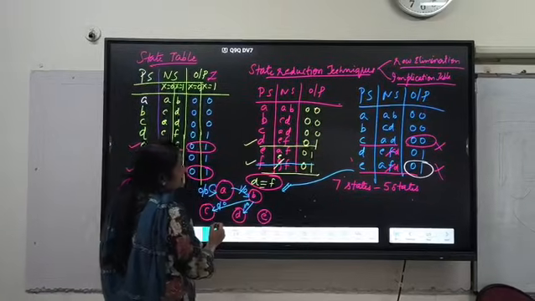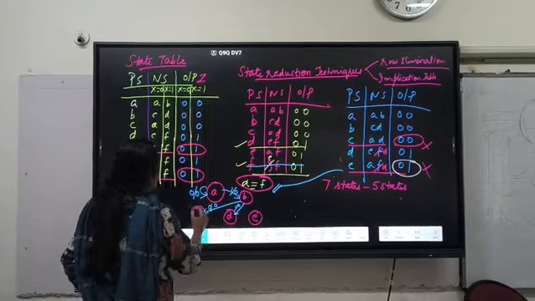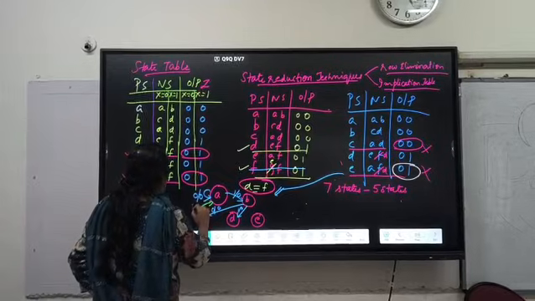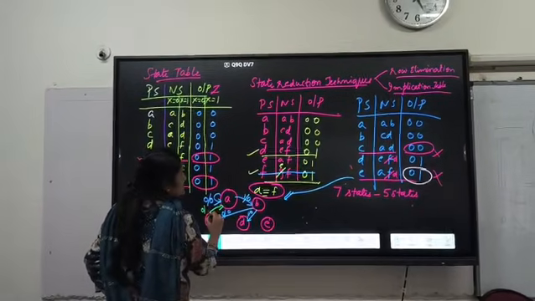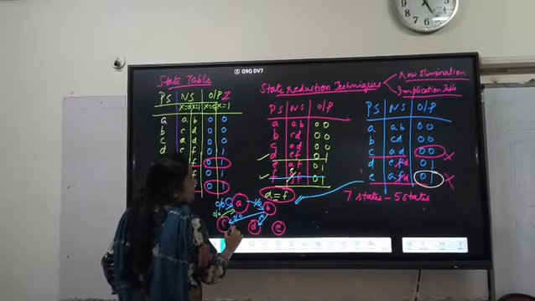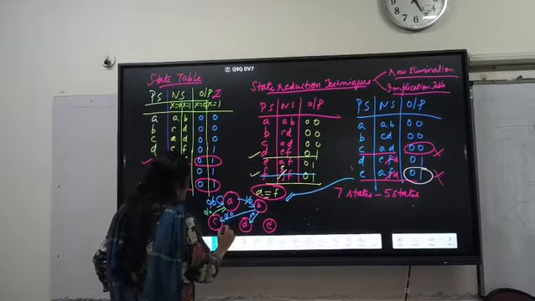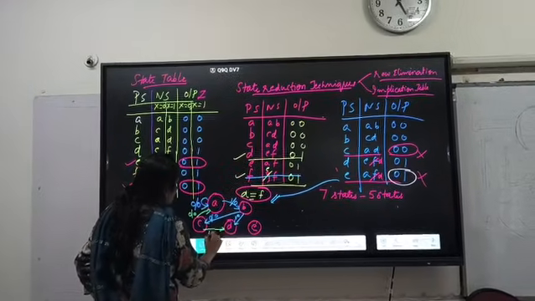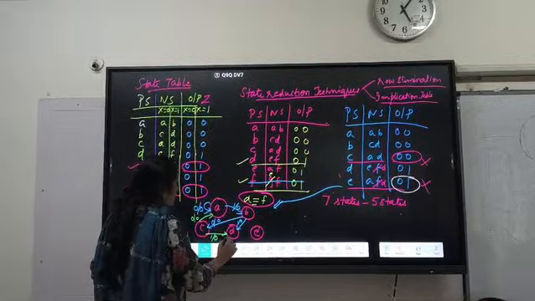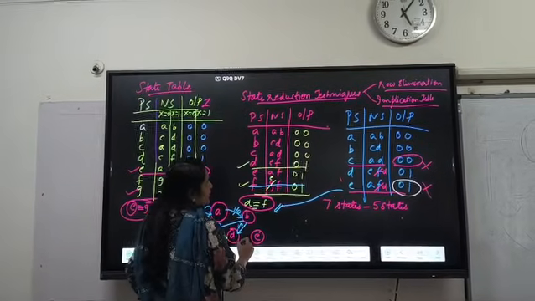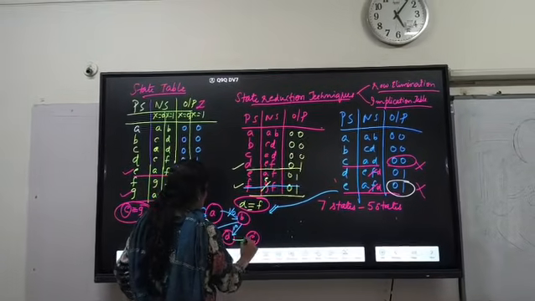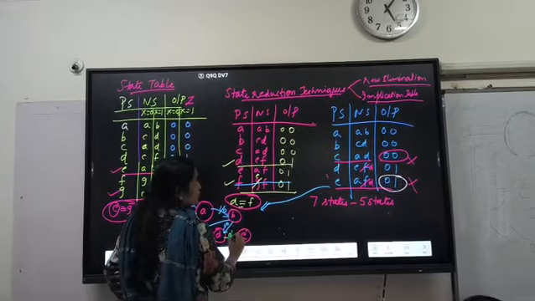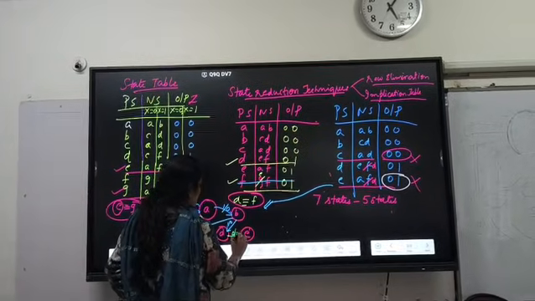Now from state C on 0 goes to A and the output is 0. C on 1 goes to D and the output is 0. Now from D on 0 goes to E and the output is 0.